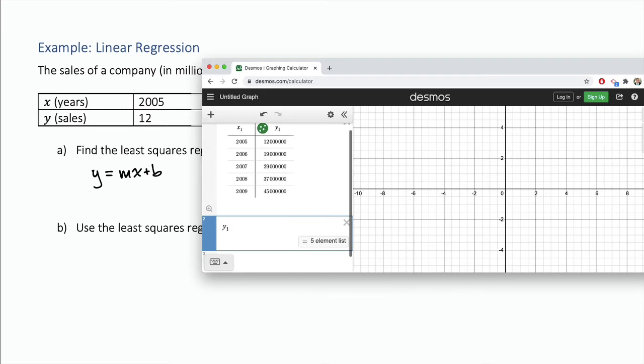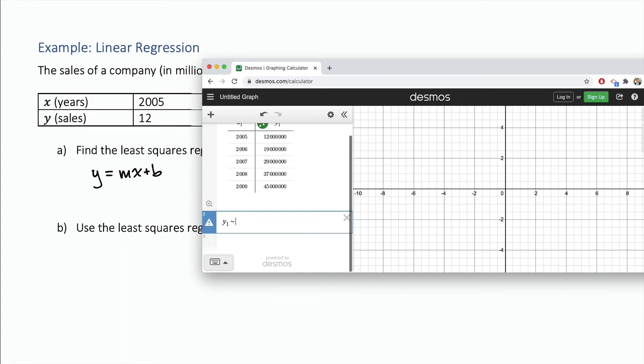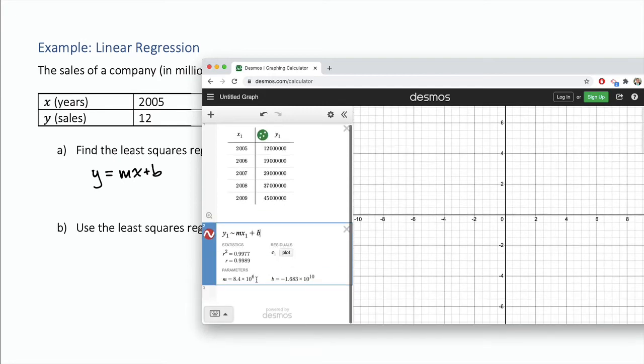And then instead of equals, because it's not actually equal to a line, we use a little squiggle, which on your keyboard is generally the key next to the 1, with shift. Then we do our m times x1 plus b. Notice there are some numbers here: it tells you an m and it tells you the b. And this creates the line that's the best line.